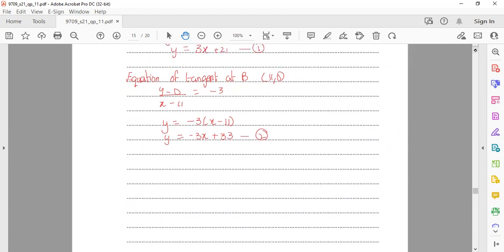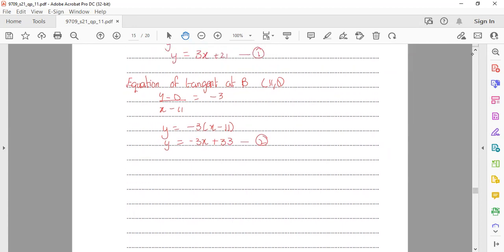So we can eliminate y from the first equation and the second equation to solve simultaneously. So 3x plus 21 is equal to minus 3x plus 33. 6x is equal to 12. Therefore, x is equal to 2. I can choose either equation 1 or 2 to replace x and find the value of y. So let's choose equation 1.